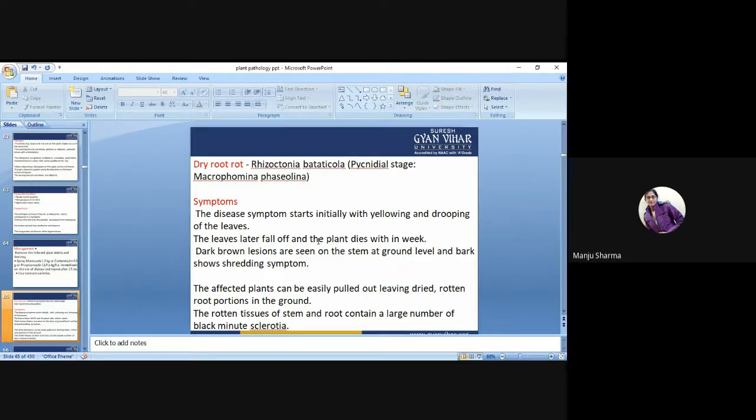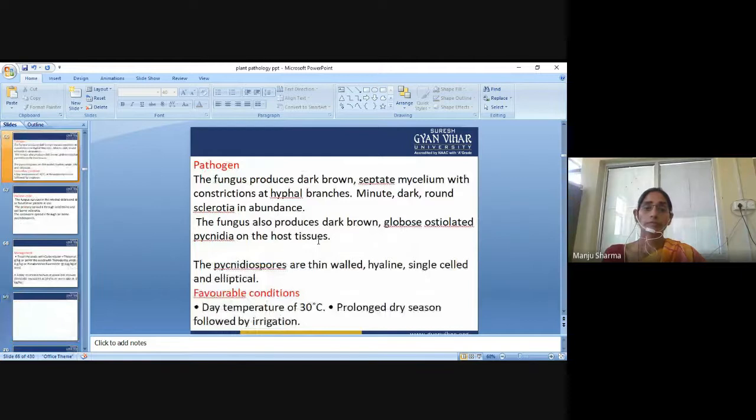The rotten tissue of stem and root contains a large number of black minute sclerotia. The fungus produces dark brown septate mycelium with constrictions at hyphal branches, and minute dark round sclerotia in abundance.